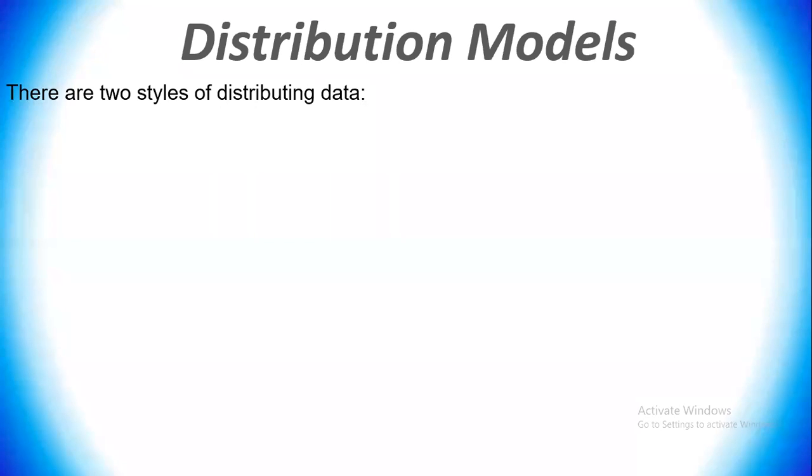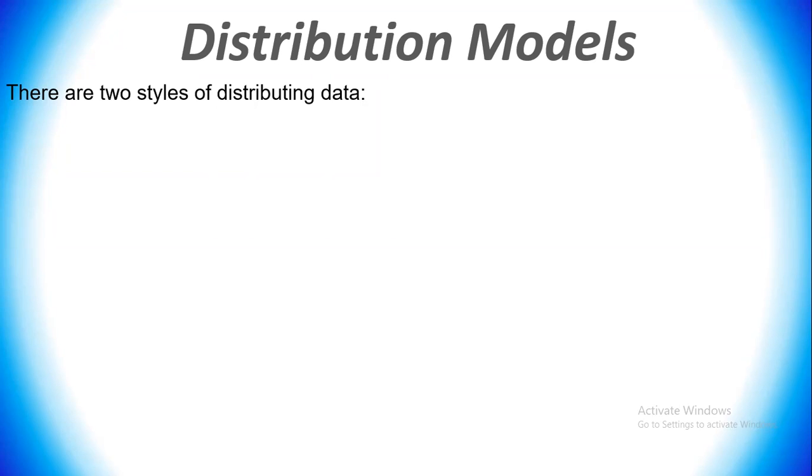But in NoSQL, I explained last week that it is based on clustered servers. That means there is a group of servers known as a cluster. So this data distribution can be done in a cluster of servers.